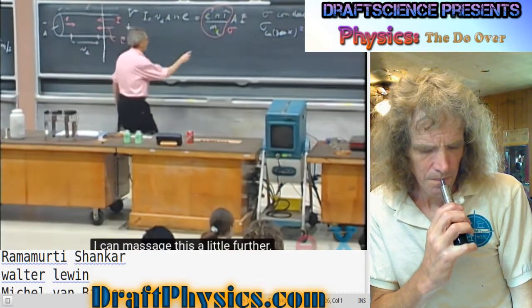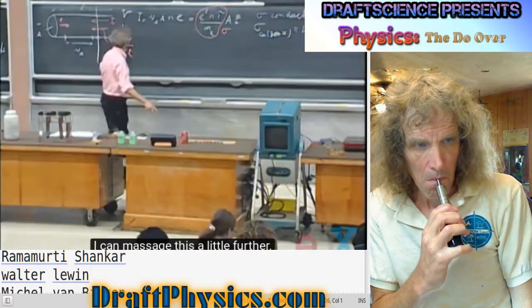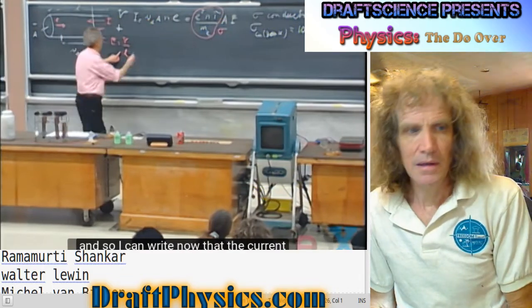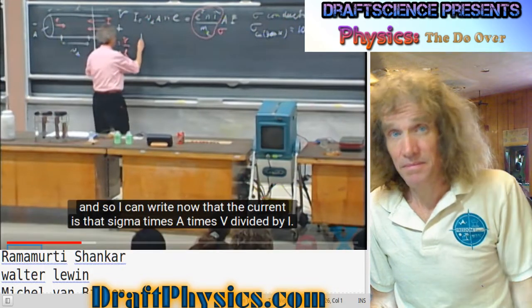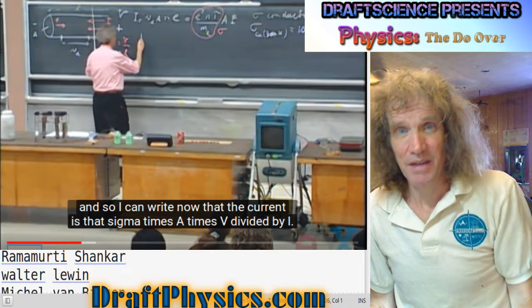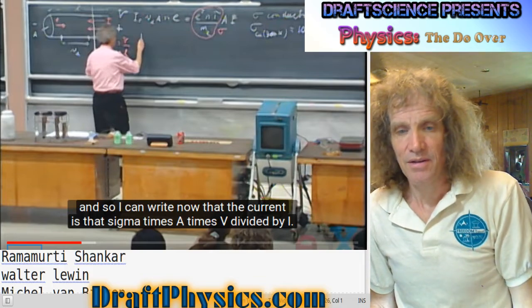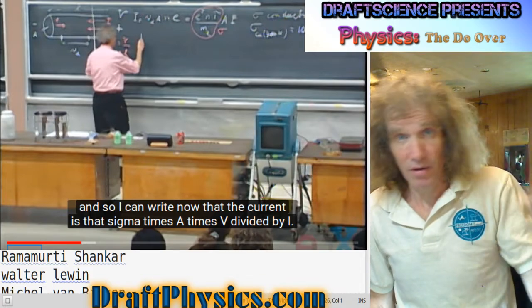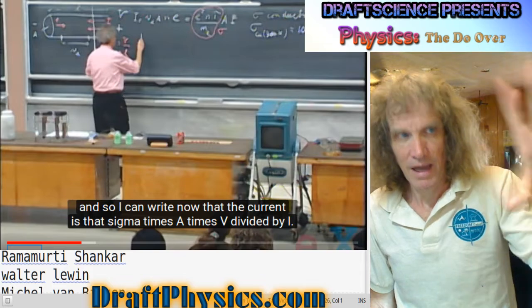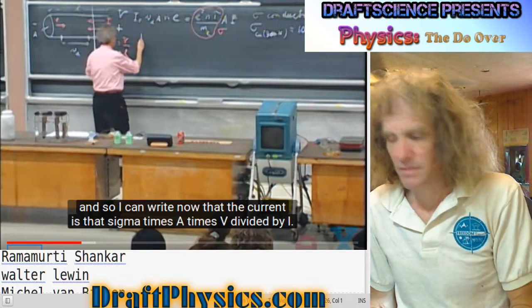I can massage this a little further because E is V divided by L, and so I can write now. It is all just manipulations, you know, that don't necessarily have any direct correlation to what's actually causing the effect.